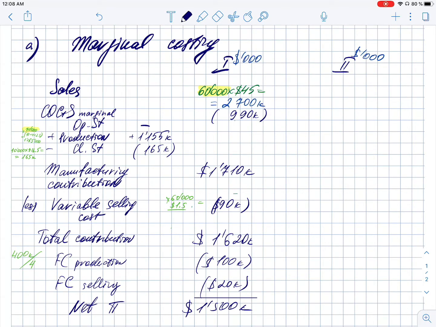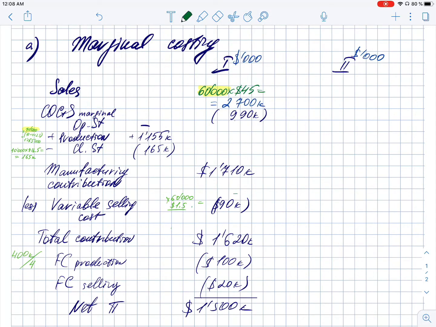The next step is to calculate sales, cost of sales, contribution and profit for the second quarter. And now we have to consider the amount of goods sold during the second quarter.